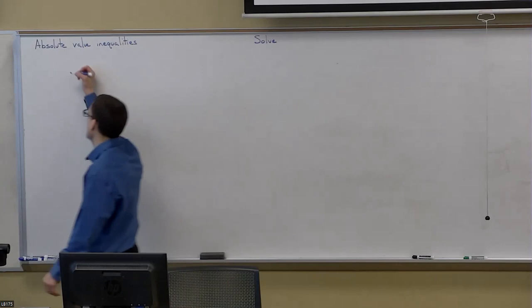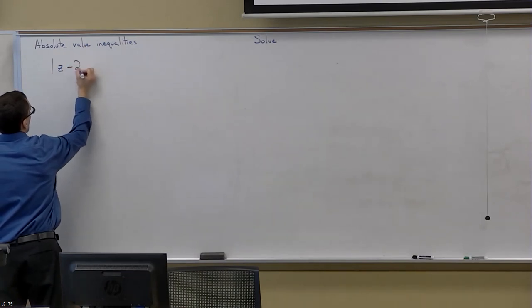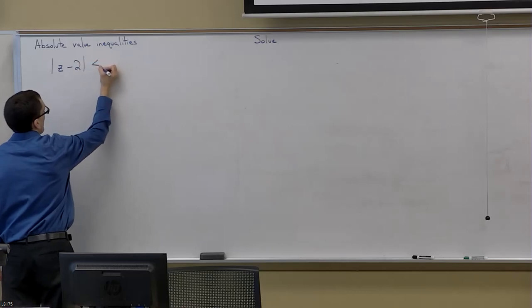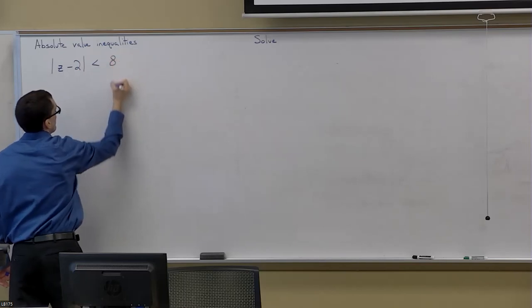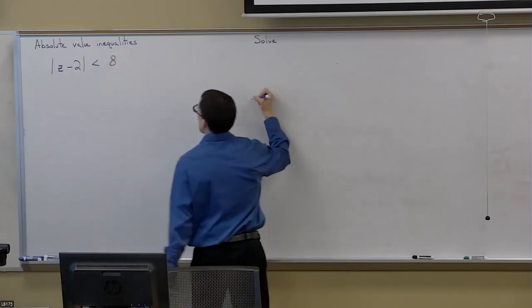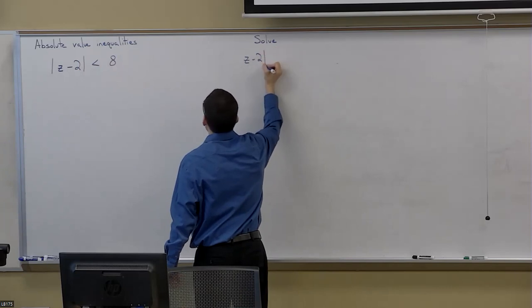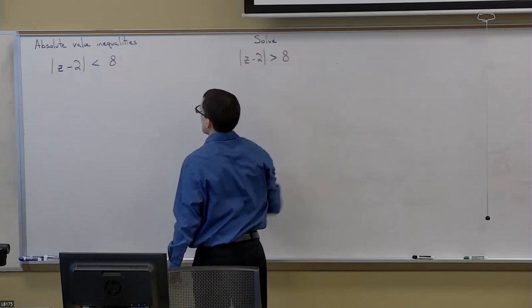So let's say I have the absolute value of z minus 2 is less than, I'll just do 8. So we're going to solve that. And we're also going to solve the absolute value of z minus 2 is greater than 8.